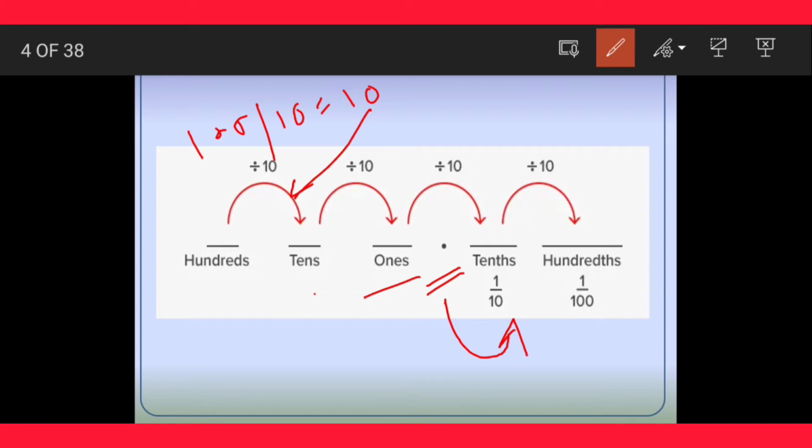Here it is hundreds, here it is hundredths position. Please note the difference. It is tens, it is tenths position. It is hundreds, it is hundredths position. These positions are after the decimal point. The decimal point is here.